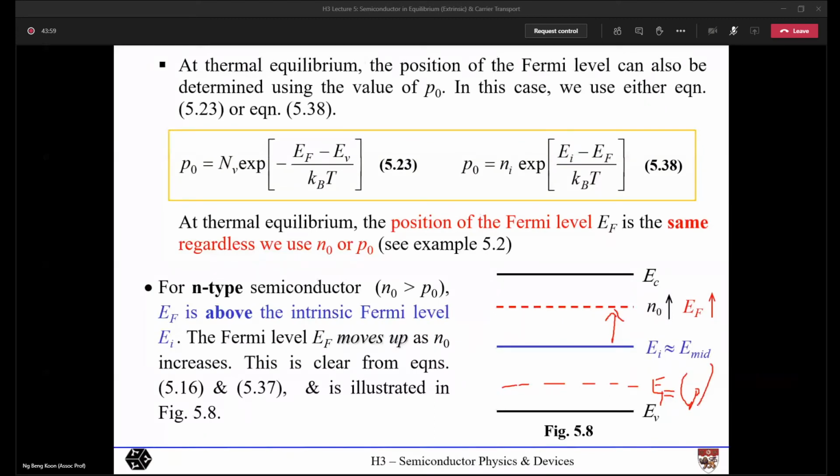So from the diagram itself, you can tell whether you're dealing with N-type or P-type by looking at the position of the Fermi level.